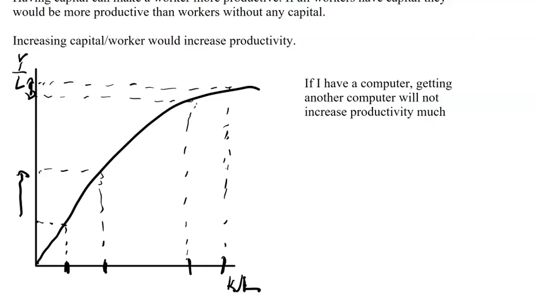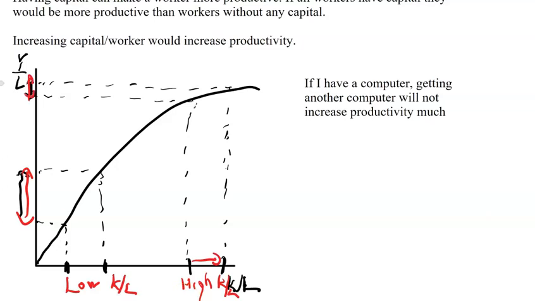So this shows that if you're a poorer country, if you have low K over L, you can get a much bigger increase in productivity if you increase your capital per worker. But if you already have high K over L, then if I continue to increase capital, it's not going to have much of an effect on my productivity.